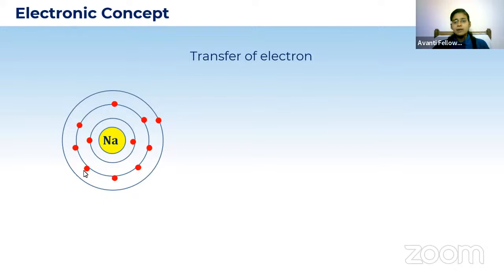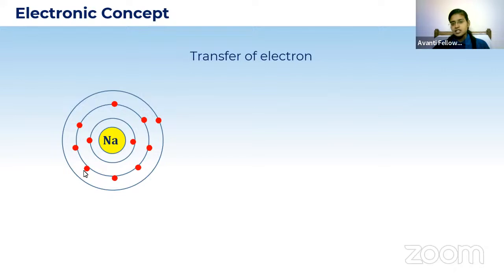What is the atomic number of sodium? Can anyone tell me the atomic number of sodium? We have studied the atomic numbers in the periodic table lesson in the beginning, right? Do you guys remember the atomic number of sodium? It's very easy, right?